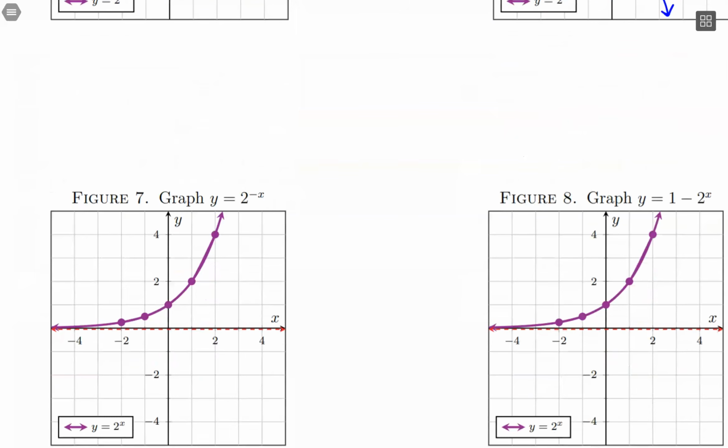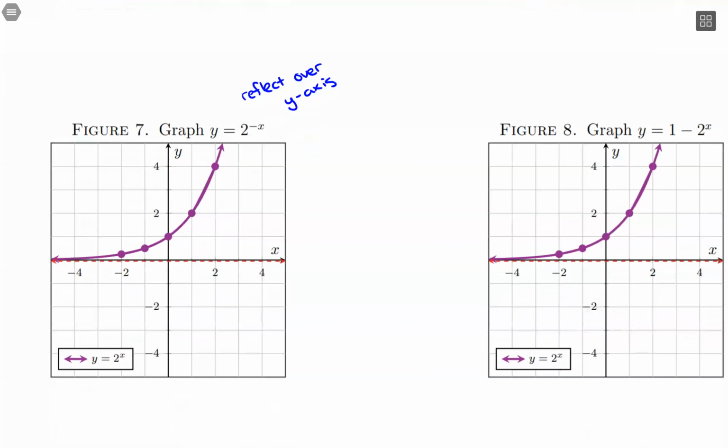All right. If the negative is inside the function, since it's up in the exponent, this is where we reflect over the y-axis. So with this, we're changing our x-coordinates, negative to positive and positive to negative.